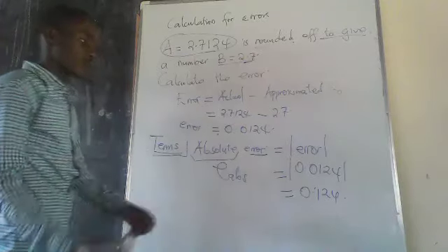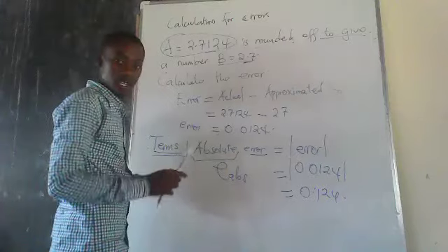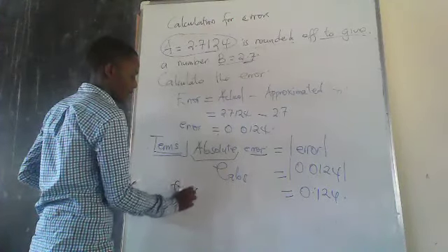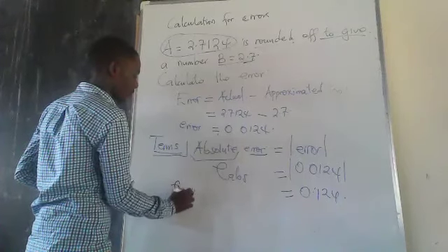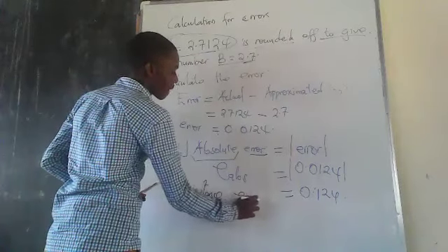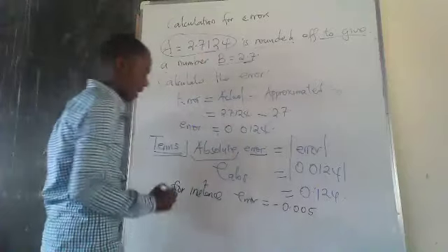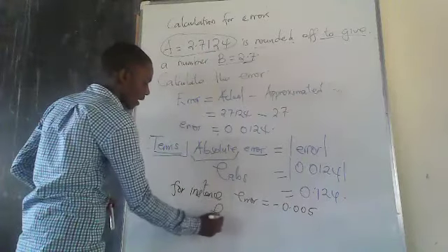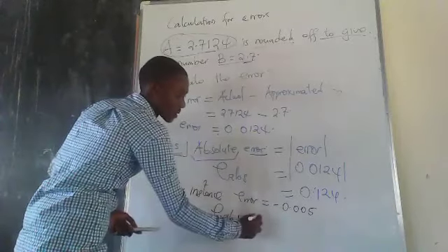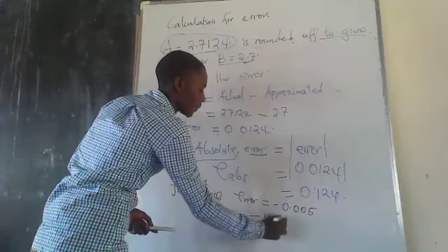So what if our error was a different one? For instance, if our error was negative 0.005 and they tell me to calculate absolute error. Remember, we have said that absolute error is the same as magnitude of the error.